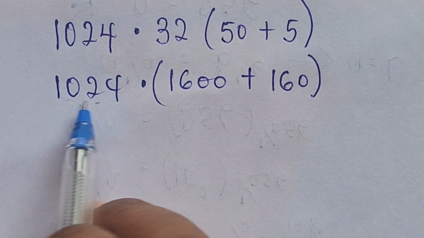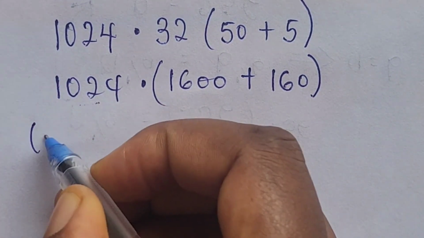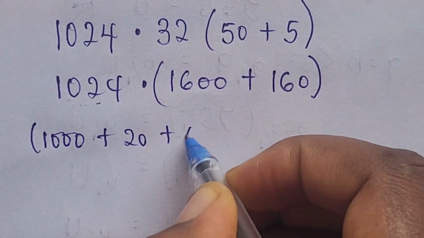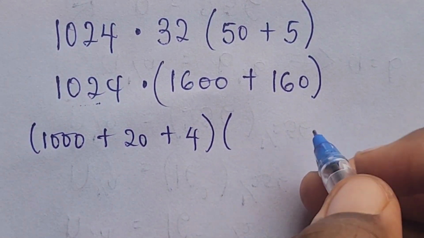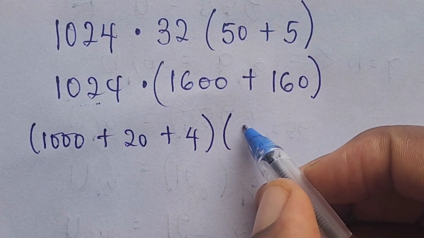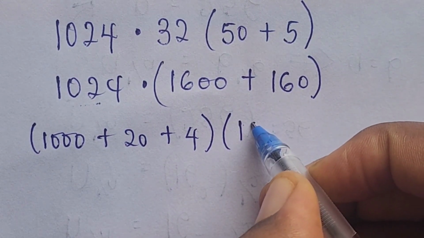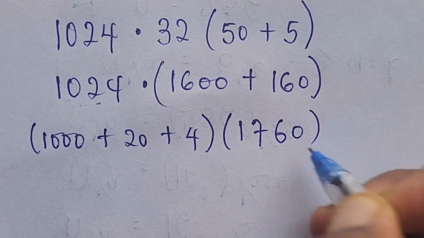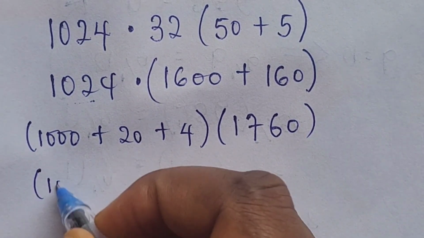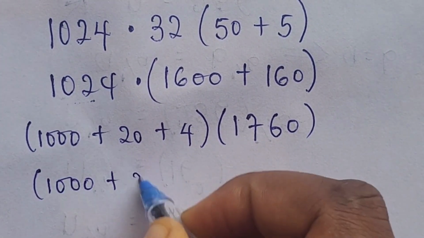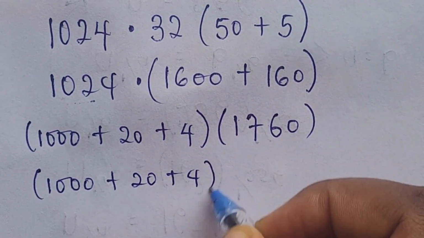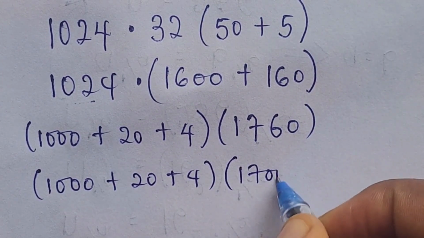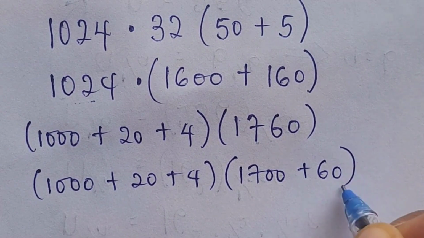So we can split our 1024 to be 1000 plus 20 plus 4 times, when we add this up, we have 1760. So resolving this, we have 1000 plus 20 plus 4, and we can split this 1760 into 1700 plus 60.